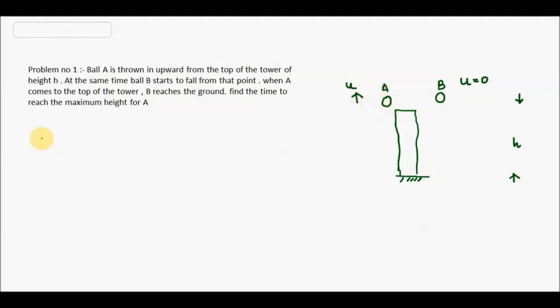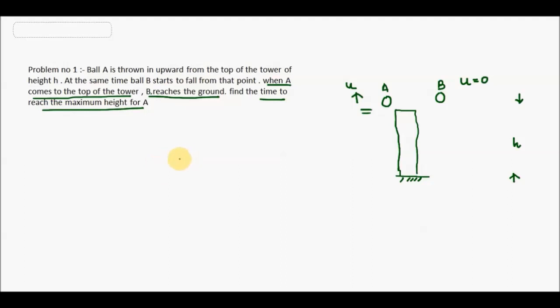So the time taken by ball A to come back to this position will be equal to the time taken by ball B to reach the ground. Now we need to calculate the time taken by ball A to reach the maximum height.